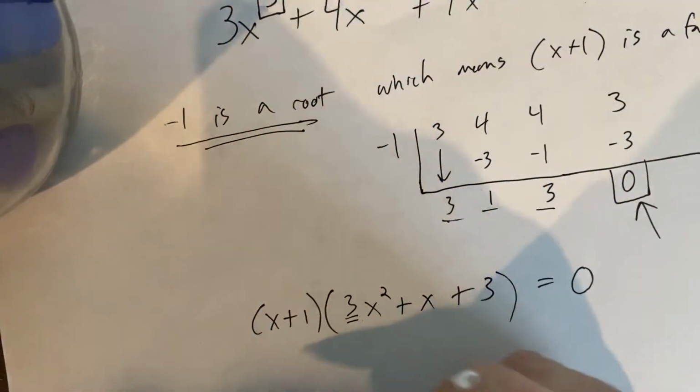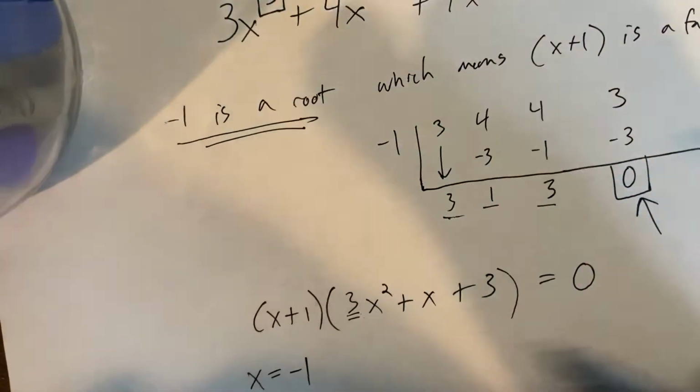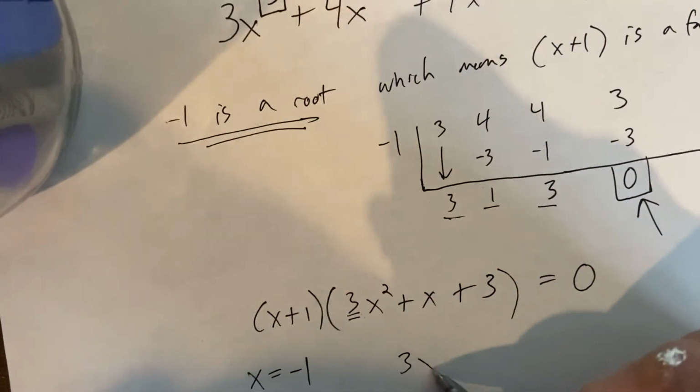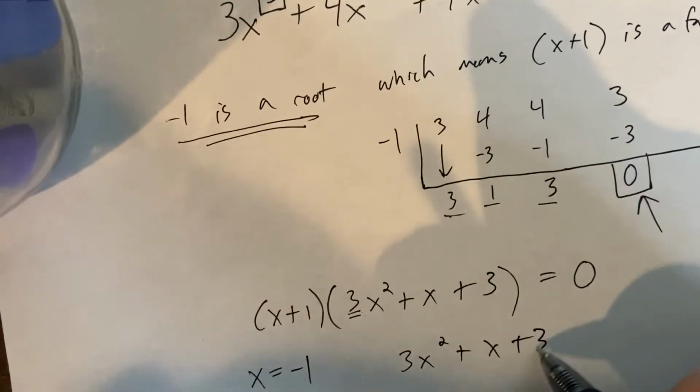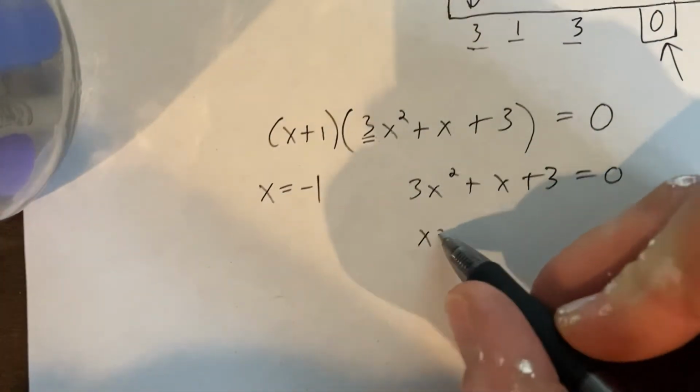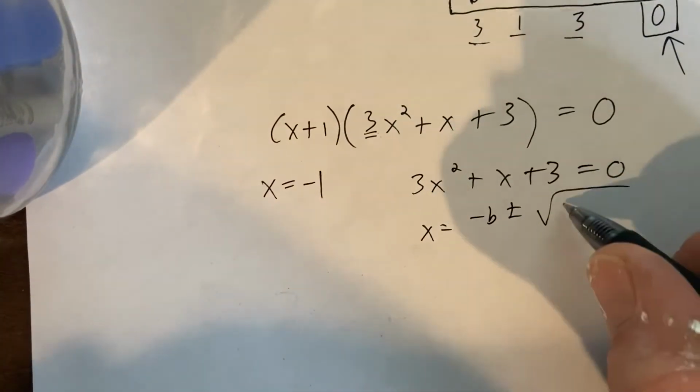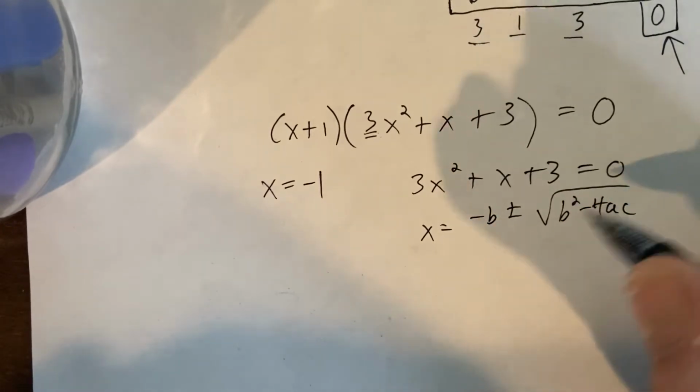So my solutions are x equals -1, and this solution right here is going to come from using the quadratic formula. So I now have to plug into -b plus or minus the square root of b squared minus 4ac all over 2a.